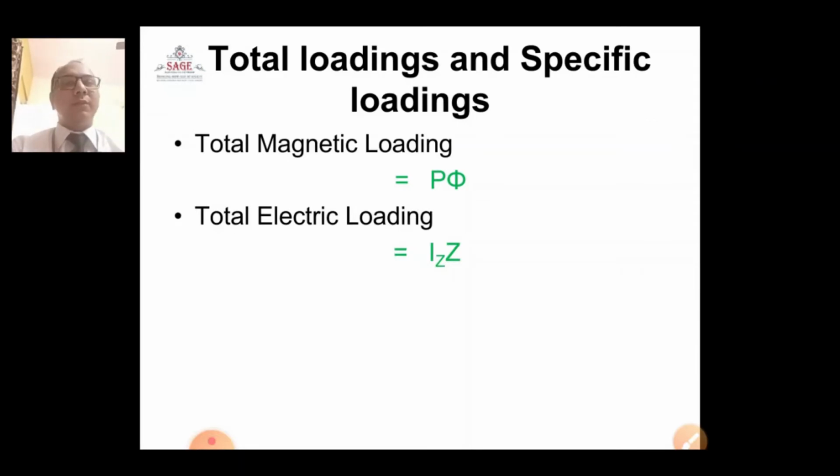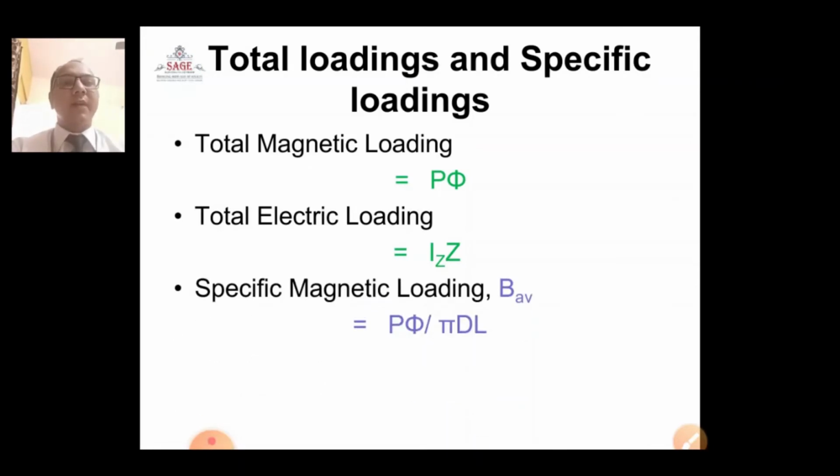Two types of loadings are generally specified, that is specific loadings, and they form the starting point in the design of a rotating electrical machine. What are those? Specific magnetic loading. What is specific magnetic loading? It is the average flux density.